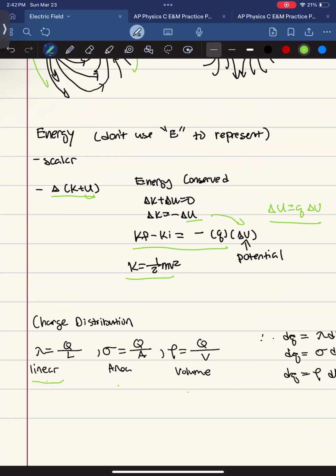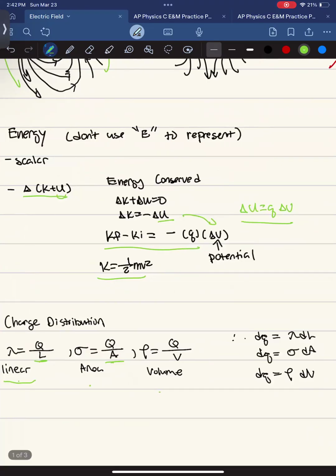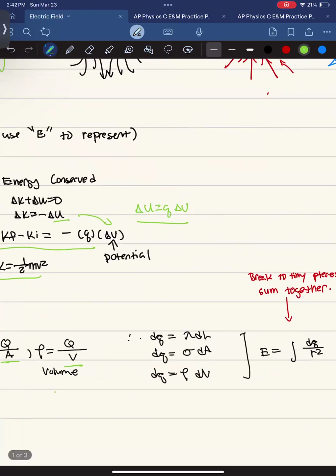This is for a linear case. Lambda equals Q over L, and L is why it's linear. For area, tau equals Q over A, this signifies the area. And for volume, rho equals Q over V, and this is a volume.